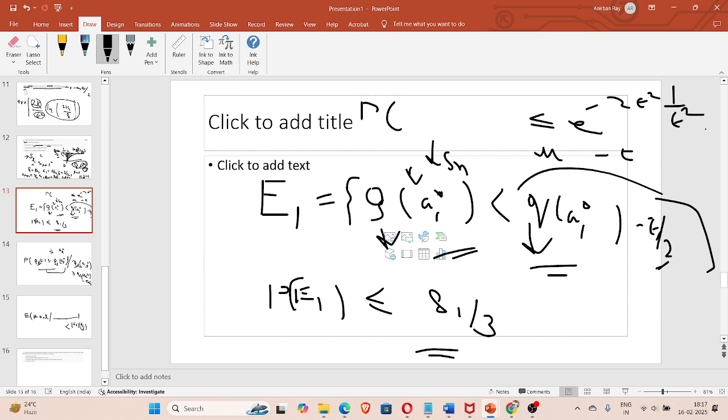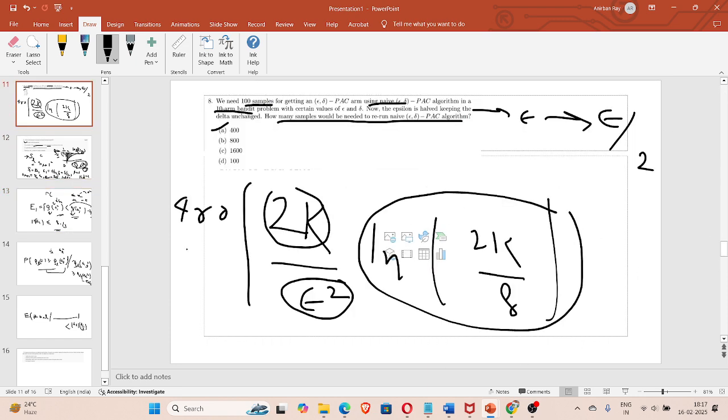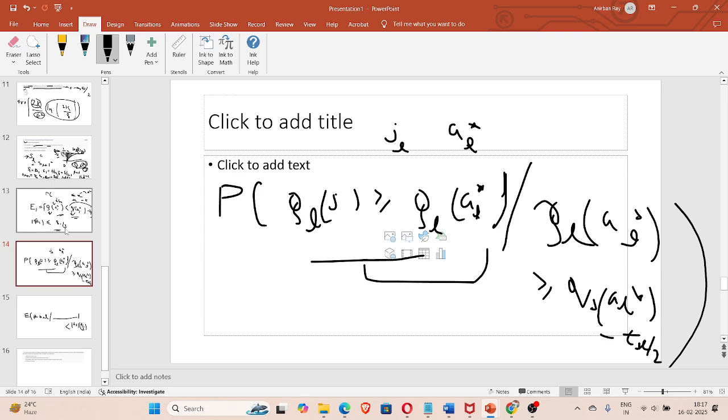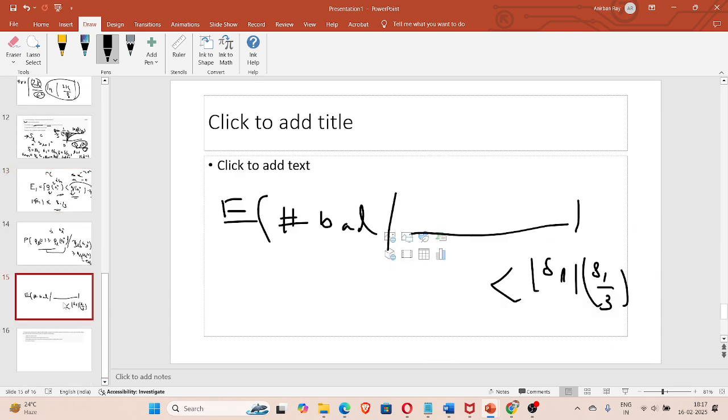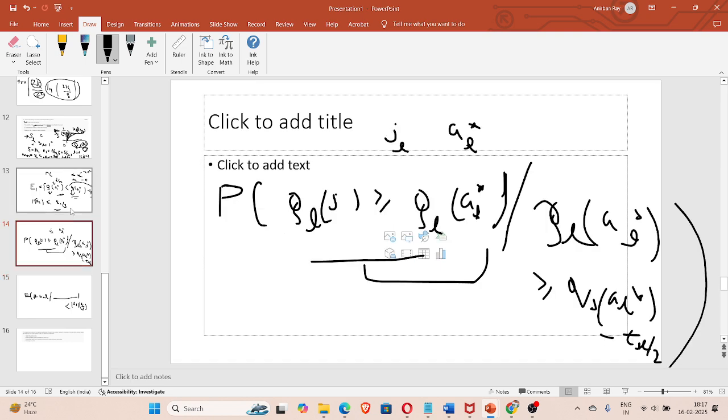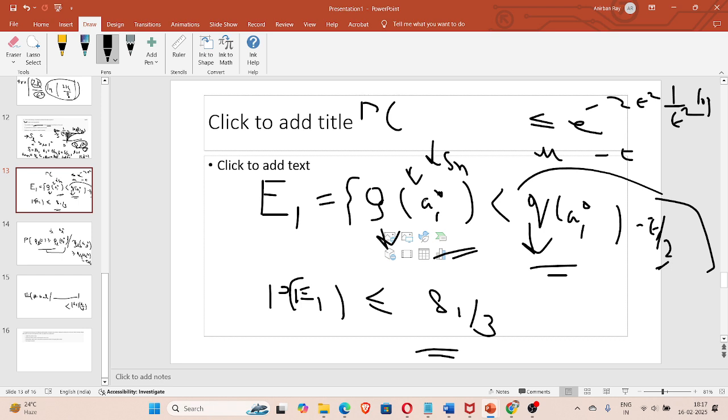into log of 3 by, so this is epsilon squared into log of, right here, I'll write the full expression again.